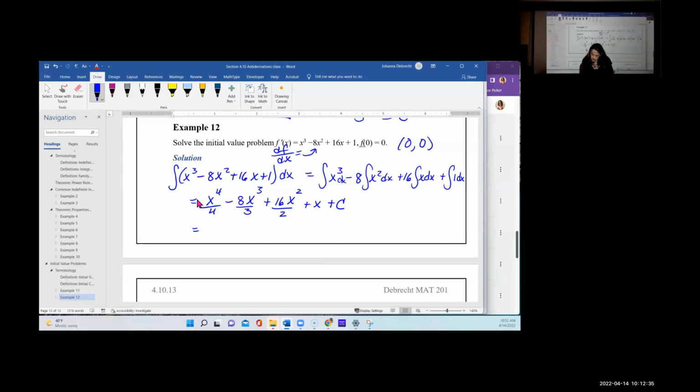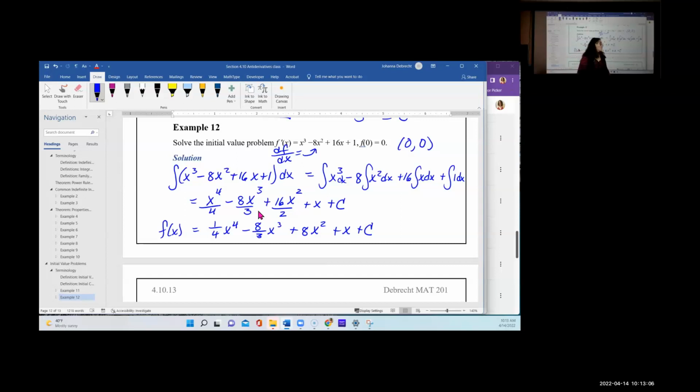We can simplify this by writing it as 1/4 x to the 4th minus 8/3 x cubed plus 8x squared plus x plus c. Now we're told that when x is 0, y is 0, and this represents our function f of x. So when we take the antiderivative of the derivative, we get the function back again. And this is our f of x.